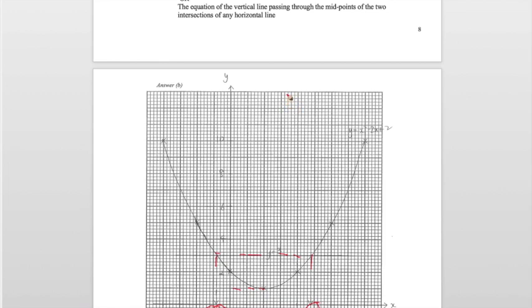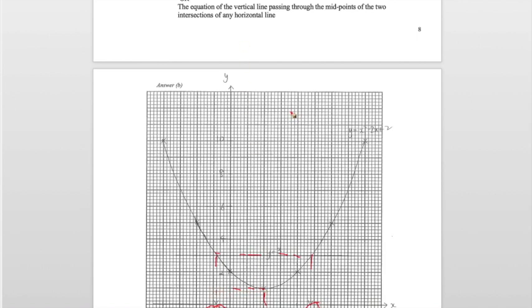This value is when x is 1. So when x is 1, we have the least value of y.